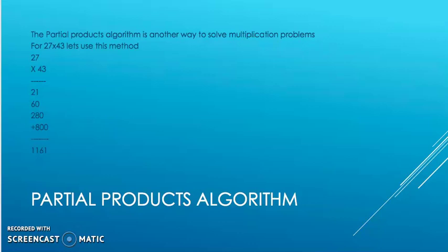So basically, we're multiplying 20 times 40. This equals 800. And we're going to place that where? Right, under the 280. Once you have all your answers together, you're going to add them up. And your final answer should equal 1,161.